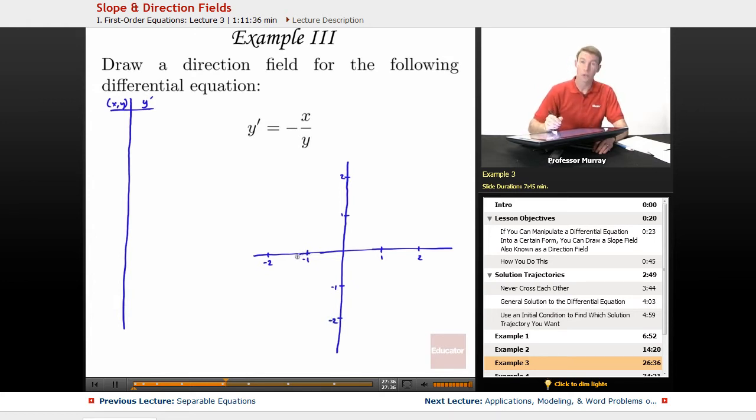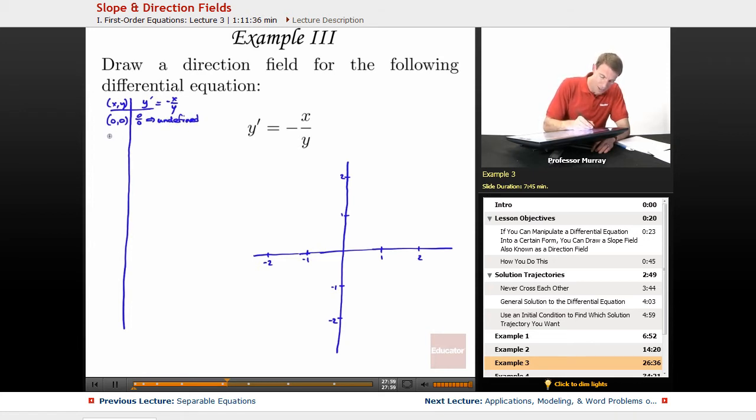So what I'm going to do is start with different combinations of x's and y's and try to plug them into the differential equation. I'll try 0 and 0 because that's always a good one to start with. Unfortunately, if I try to plug that into negative x over y, I get 0 over 0, which is undefined. So I really don't get anything useful there.